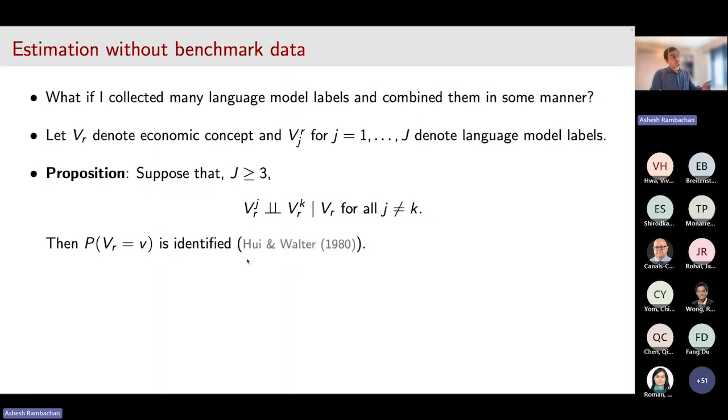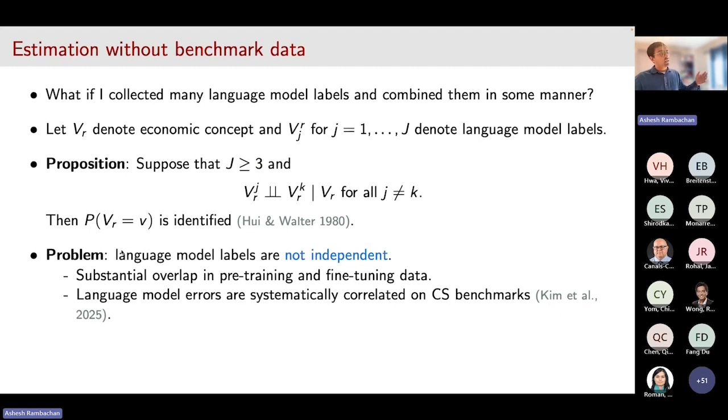One view would be that's actually correct, provided the large language model labels are independent of one another. If they were independent of one another, then again, classic results in the measurement error literature would tell you that things like the base rate of the concept and those regression coefficients are in fact identified.